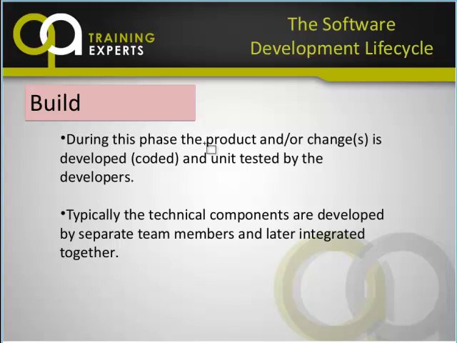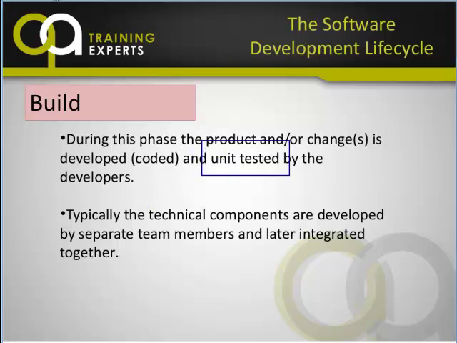If I'm a programmer and I'm developing code, I want to make sure before I hand it off to have it all put together, or even after I have it all put together, I want to make sure I test my part first. I'm not going to test it like the QA analysts will test it, but I don't want the QA analyst to find a bunch of defects in my code. So developers do test. Their testing is called unit testing.